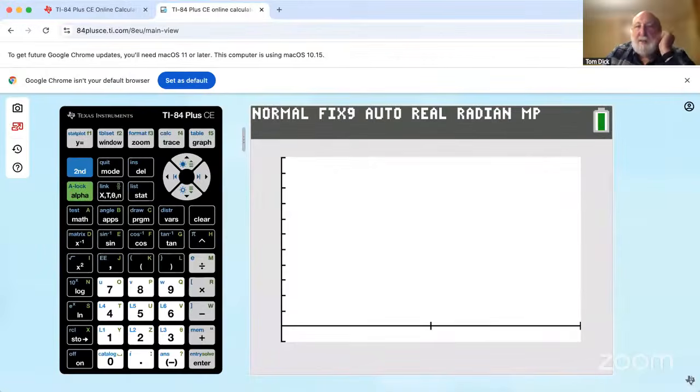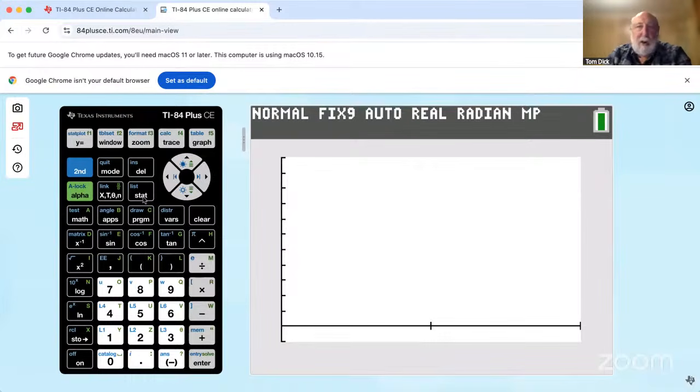So I'm going to go back and share my 84 again. See if that comes up okay. Great. Looks good, Tom. With these particle motion problems or rectilinear motion, we have something moving in a straight line.